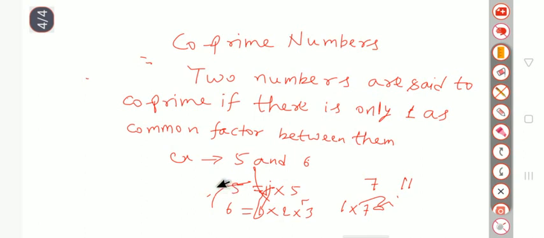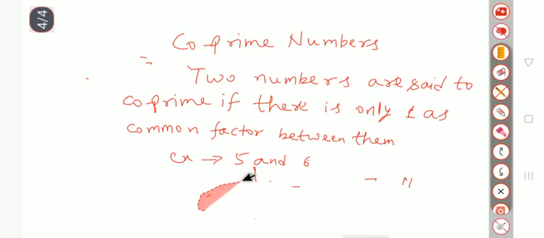So coprime number means there is only one as a common factor between two numbers. So generally if we talk coprime numbers, then we have to consider two numbers. So two numbers are said to be coprime if there is only one common factor between them.